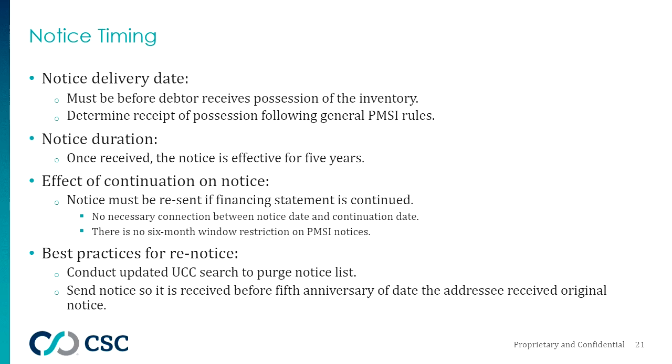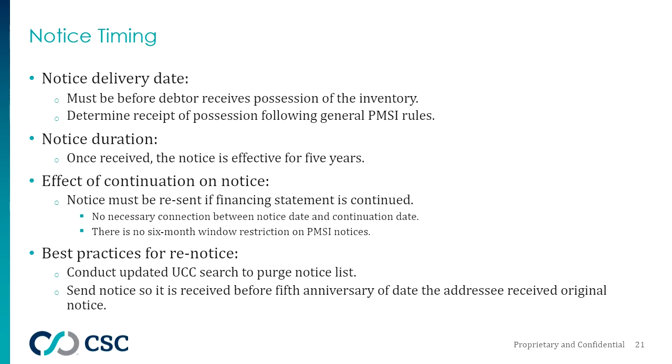Now, if the financing statement is to be continued, obviously the notice is going to have to be resent, because the continuation doesn't continue the notice. All it does is continue the financing statement. And there's no requirement that they be sent and filed at the same time. So if the financing statement is to be continued, then it's going to be necessary to do a renotice.